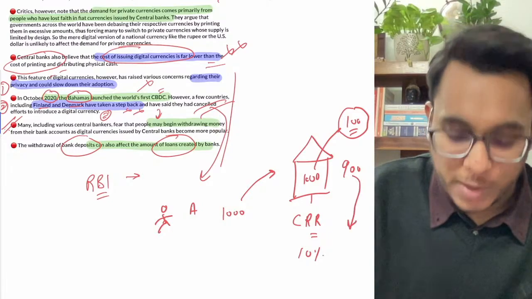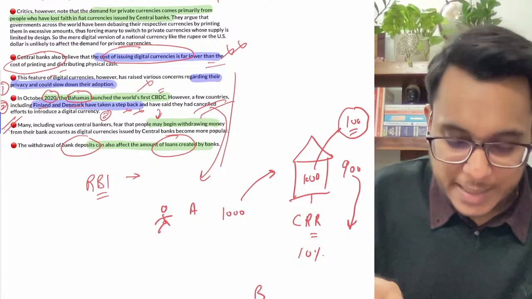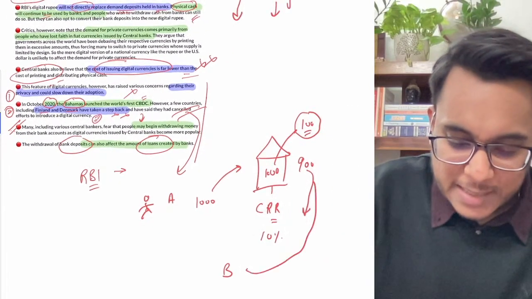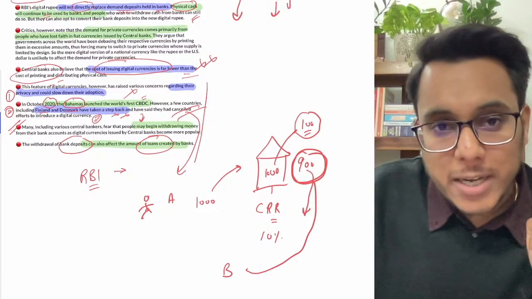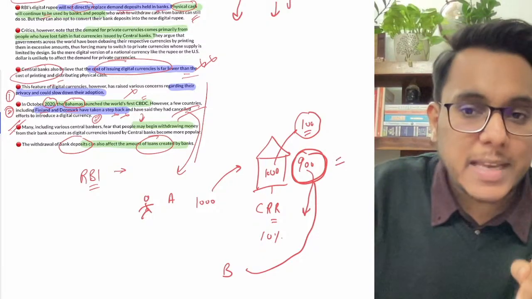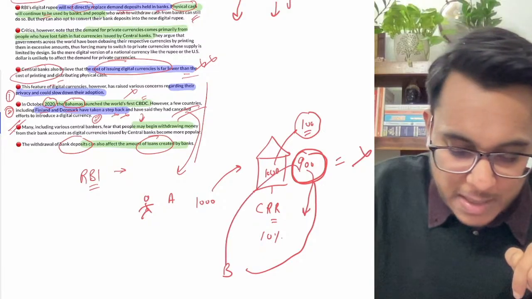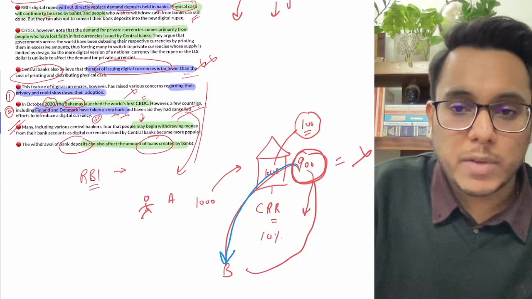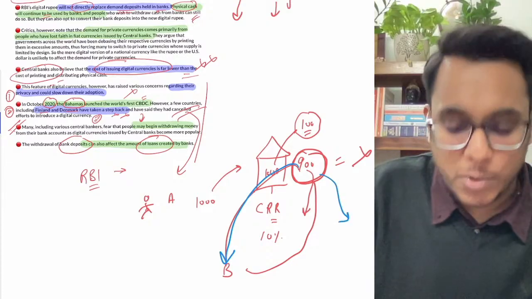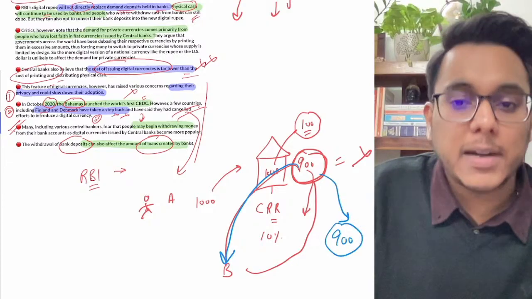Let's say Mr. B came and said, okay, I want these 900 rupees as a loan. Now the bank will not give this 900 rupees as cash to Mr. B. Rather, the bank will say, you have to open a bank account with us, and into that bank account we will put this 900 rupees.